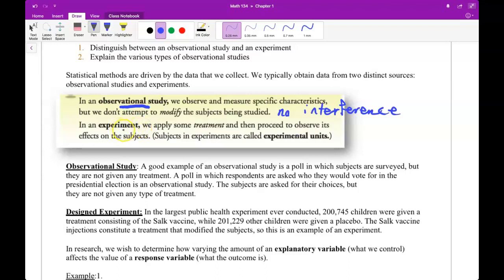But on the other hand, for an experiment, we apply some treatment, and then proceed to observe its effect on the subjects.